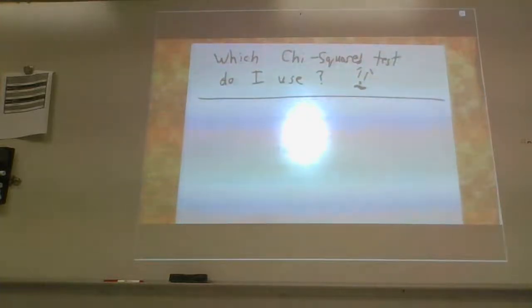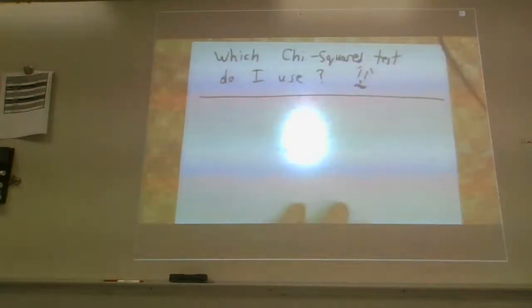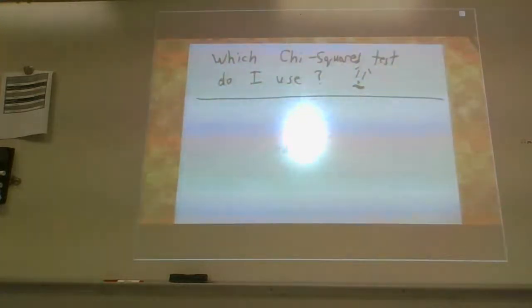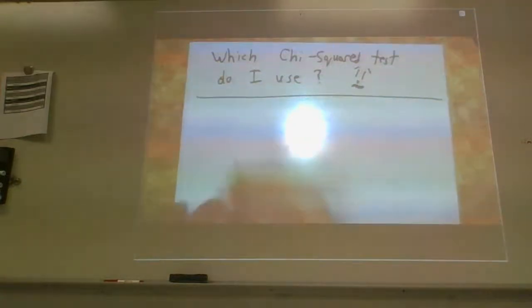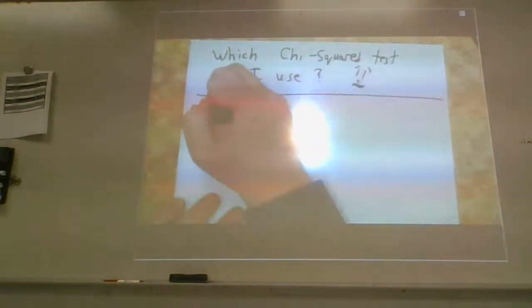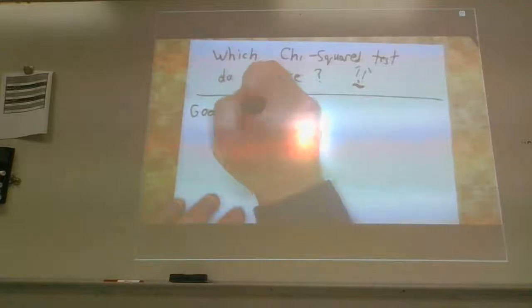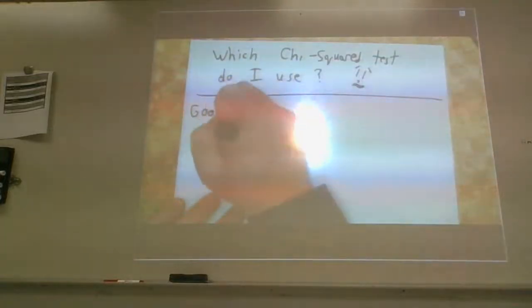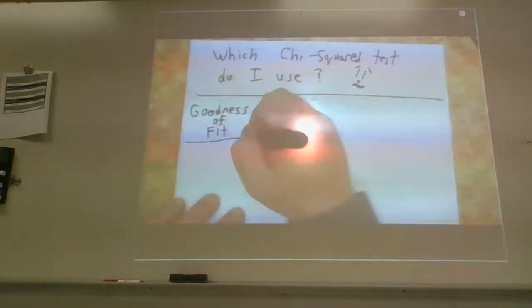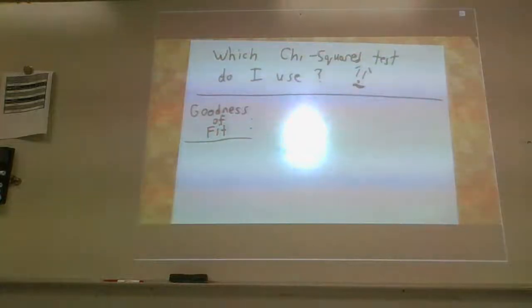Because in reality, there are actually 3 different chi-squared tests. Oh, no, there are 2 main ones that you're going to be focusing on, but I'm just going to give you a brief definition of all 3. There is the one that we were just working on, goodness of fit, otherwise known as GOF.